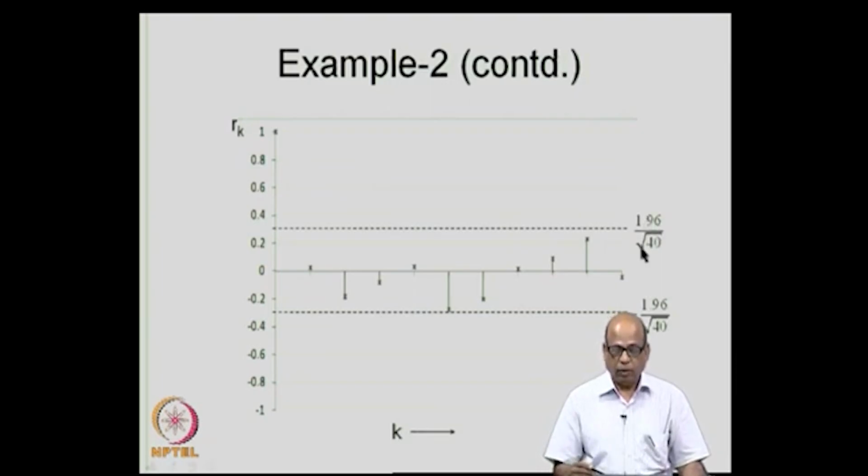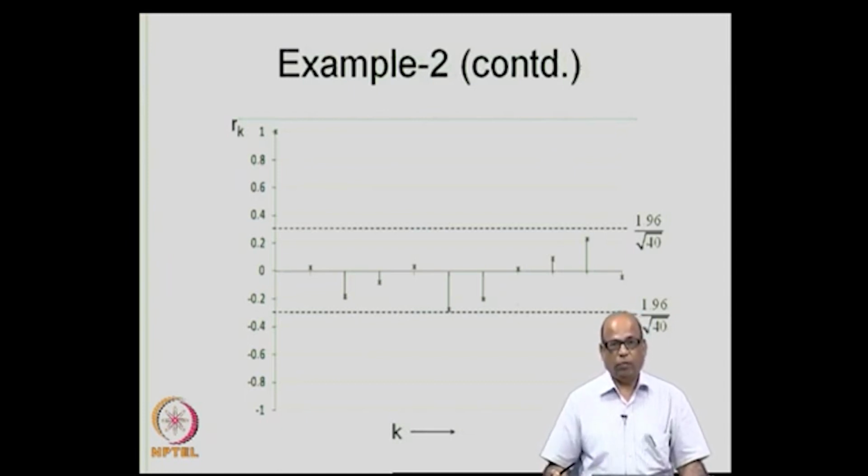This 1.96 by root n, normally for convenience you take it as 2 by root n. So, simply remember 2 by root n. Whenever you compute the r k's, you compare those r k's with 2 by root n, and if it is more than plus or minus 2 by root n on either side, then it can be considered significant.